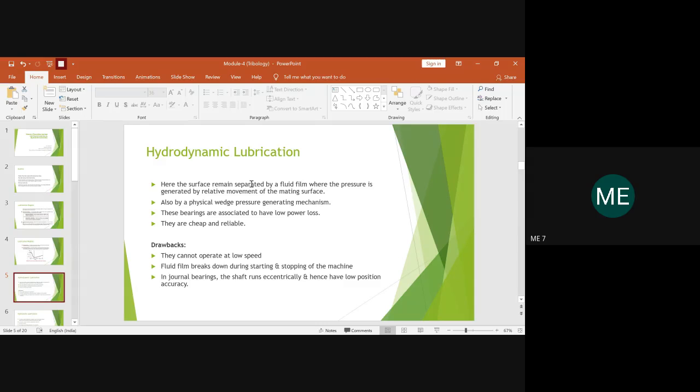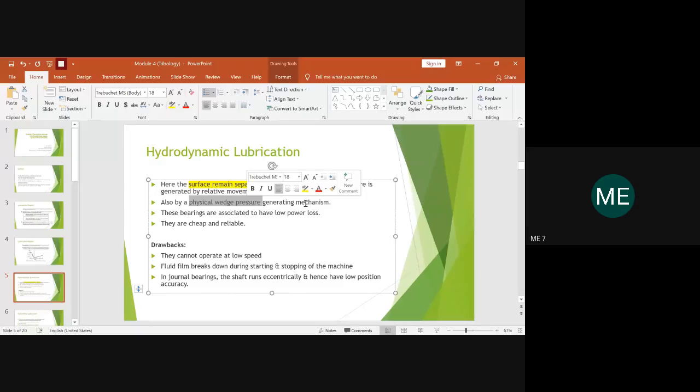The specific amenities of hydrodynamic lubrication are that the surfaces remain separated by a fluid film, but you don't need an external pressure to get the required relative movement. That is one thing. Also, the required pressure can be built by the physical wedge pressure.